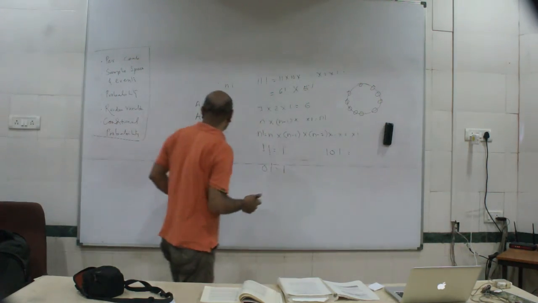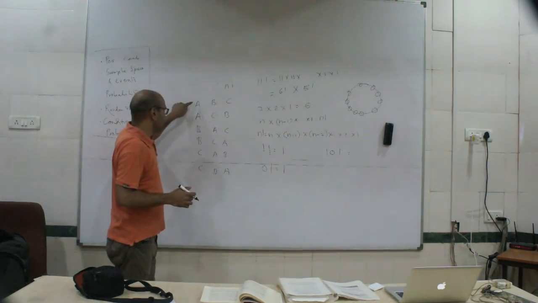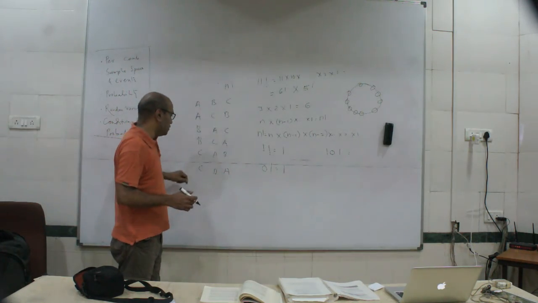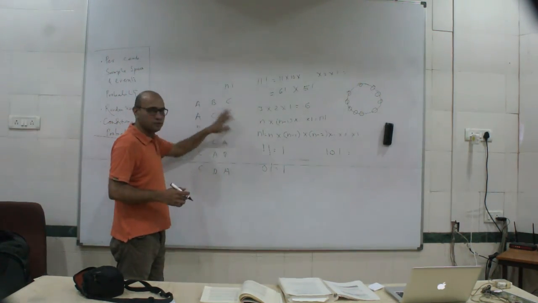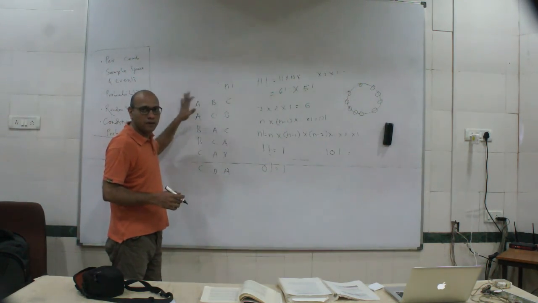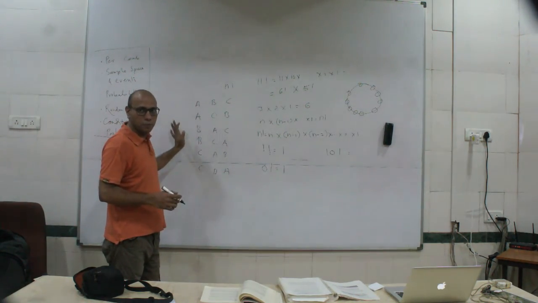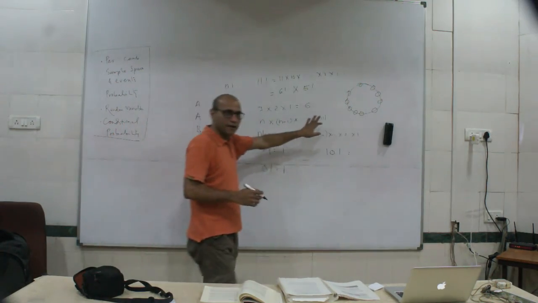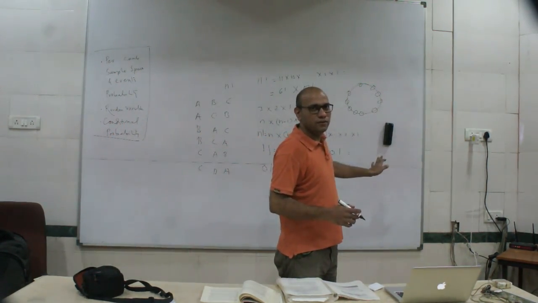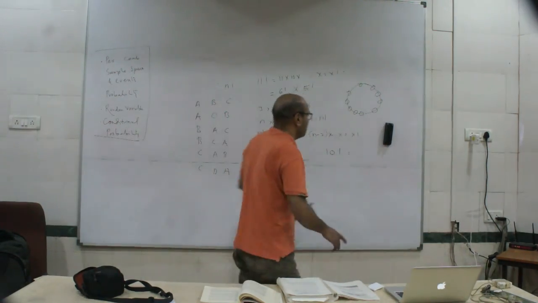For example, A, B, C, and in some other order, if C comes next to A, it doesn't really matter in all other ways, but in this it will matter. So I'll have to solve this problem slightly differently. Think, how do we solve this problem?